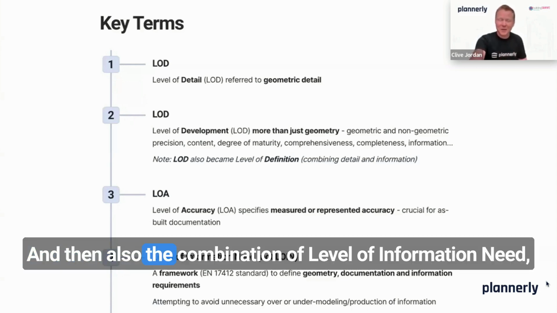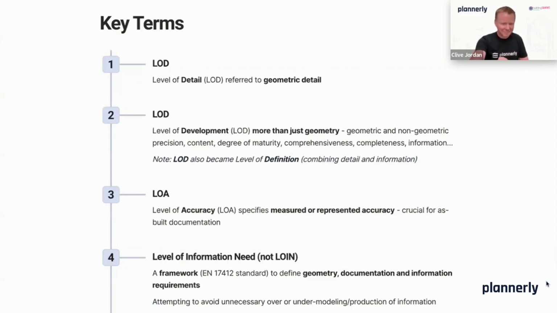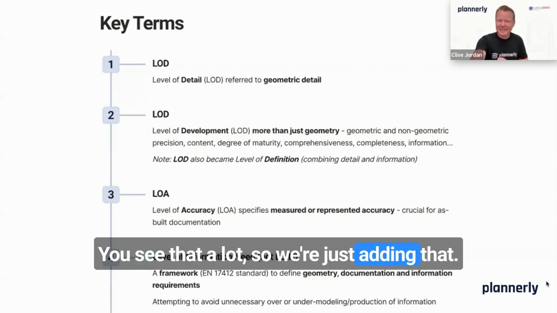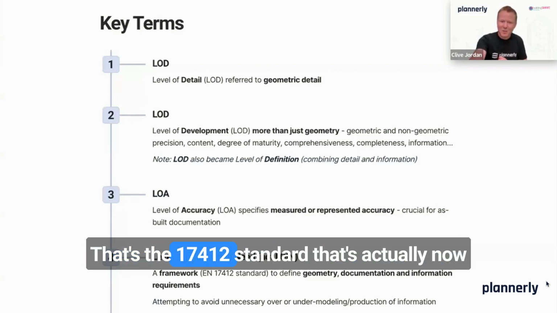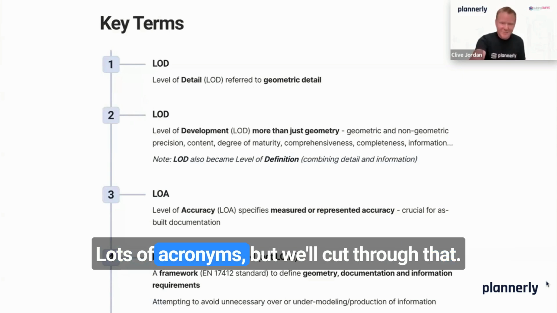And then the level of information need, not to be abbreviated as LOIN, but you see that a lot. That's the 17412 standard, which now combines geometry, documentation, and information. Lots of acronyms, but we'll cut through that.